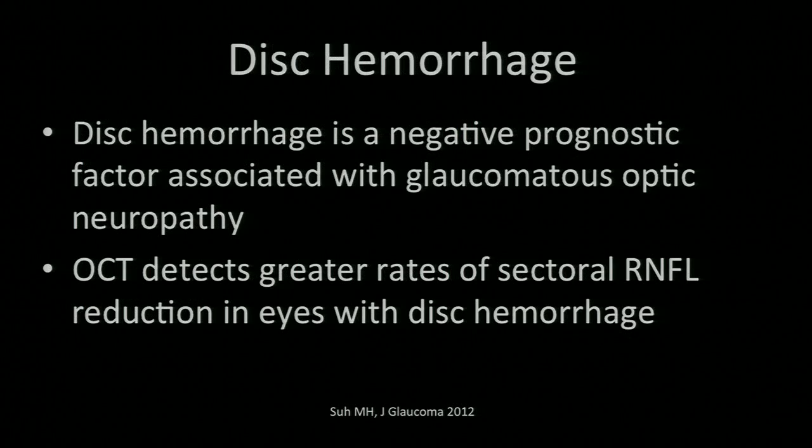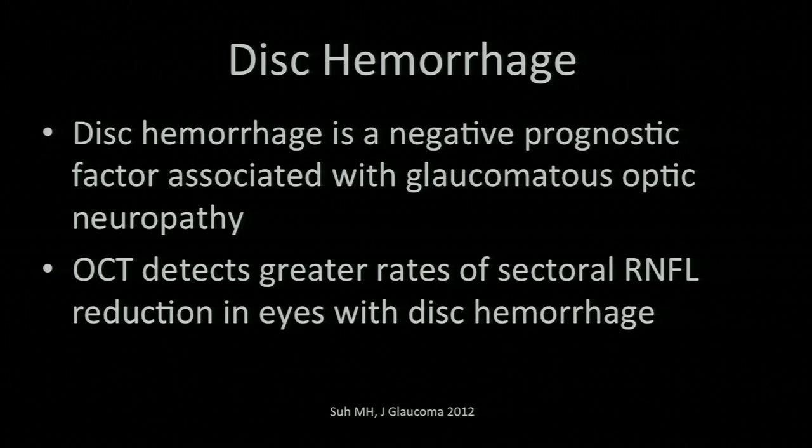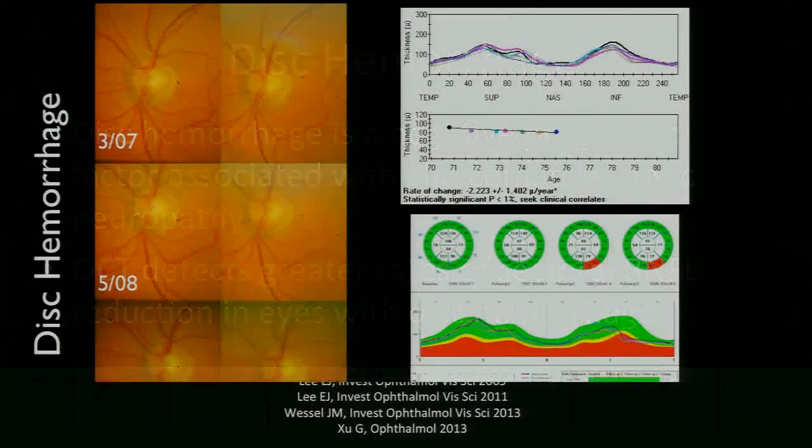Disc hemorrhage, as you've heard from Jody Piltz, is a negative prognostic factor that's associated with glaucomatous optic neuropathy, and OCT will show greater rates of local RNFL thinning in eyes that have disc hemorrhage at the site of the disc hemorrhage.